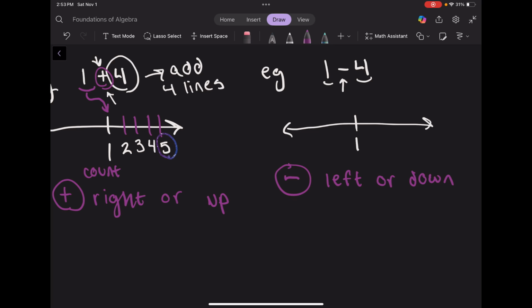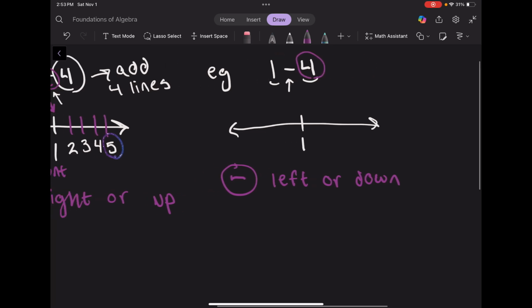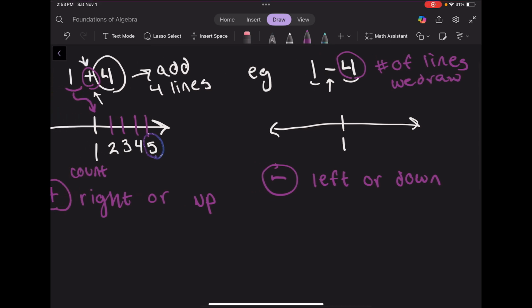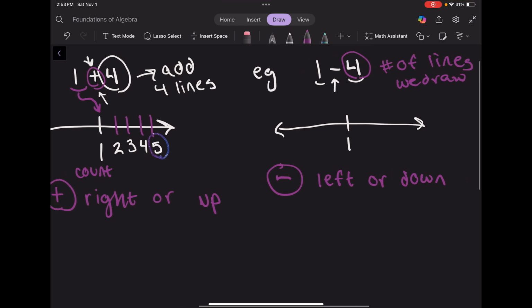And then the number that we are adding or subtracting, that's going to be the number of lines that we draw. So in this case, it's going to be 4. And since we're subtracting, we're either moving to the left or down, right? So 1, 2, 3, 4.